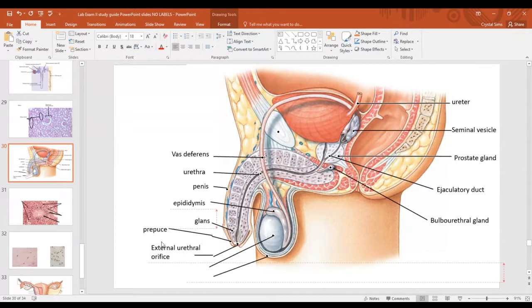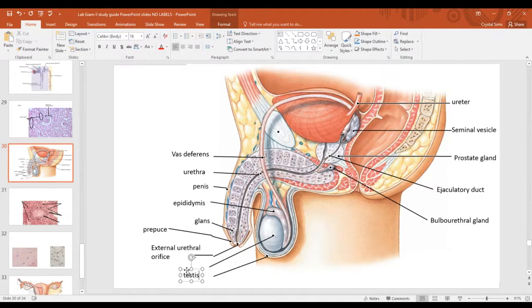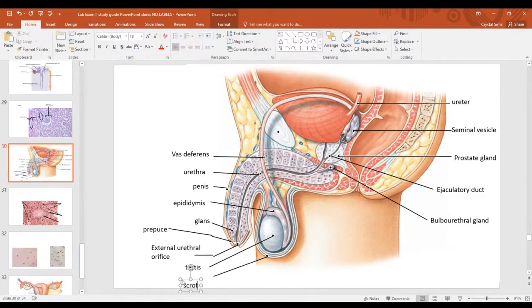Let me fix that. My ureter is at the very top right, and then over at the top left, that one is my vas deferens. Sorry about that.